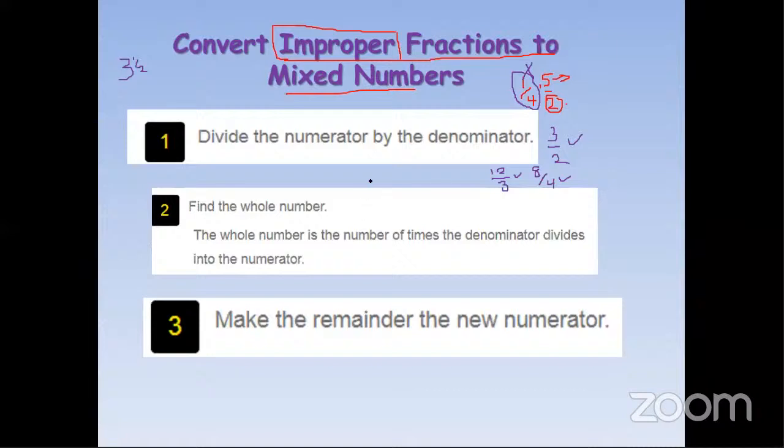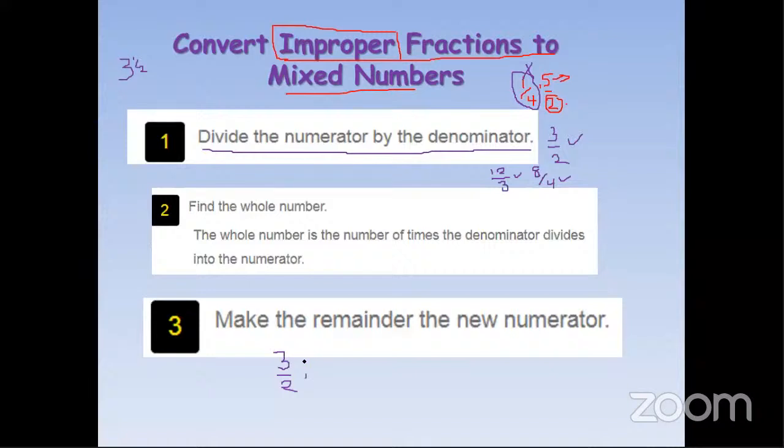So when we are converting, let's look at our steps. Step number 1, we divide the numerator by the denominator. For example, we have 3 out of 2. We need to convert it into a mixed fraction. So step one, divide the numerator by the denominator. So what are we dividing here?